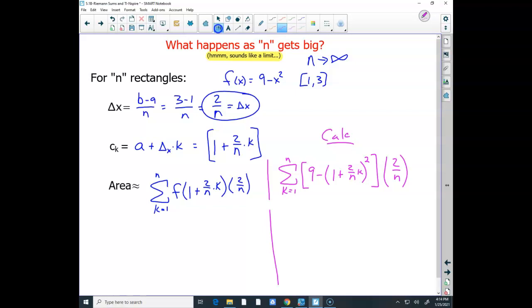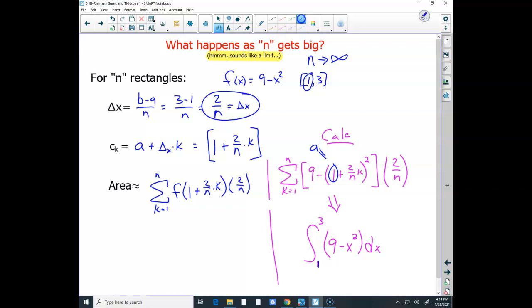What we're really going to understand here is that this is going to be the integral. I can see my f of x function. I can see my width, dx. And how do I know I'm going from 1 to 3? I know because that is my a value, and my a value is always right there.